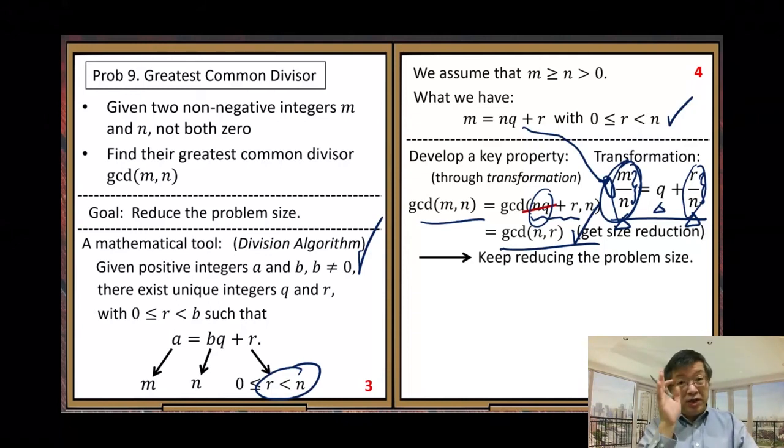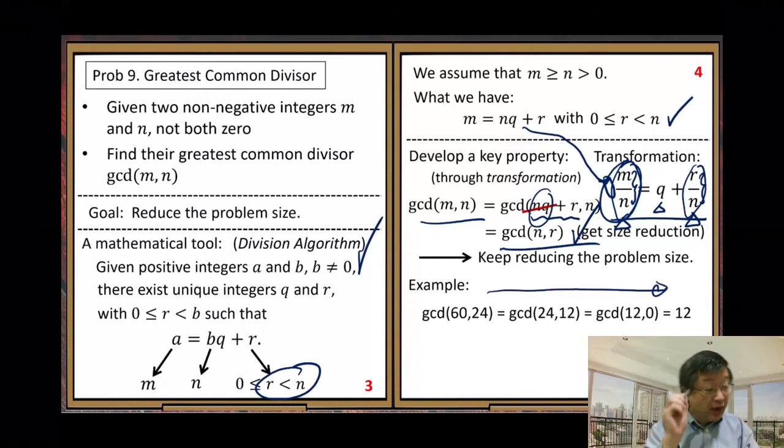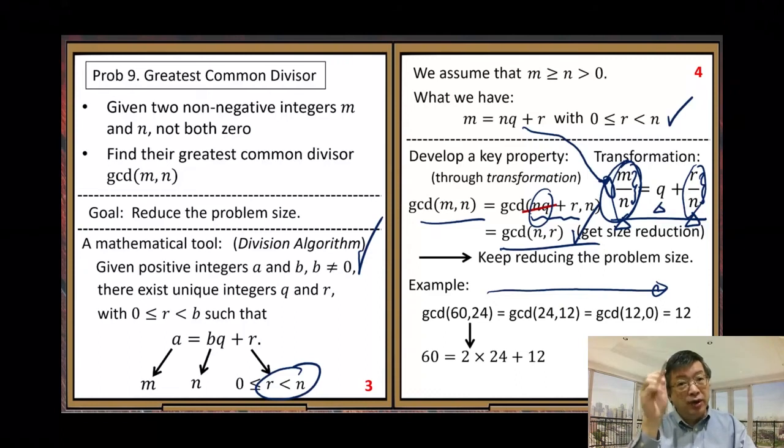Based on this new idea, let us do a simple calculation of our previous example, the same example, GCD of 60 and 24. Here you see a sequence of problem size reduction. We just write 60 equals 2 times 24 plus 12, remainder 12.